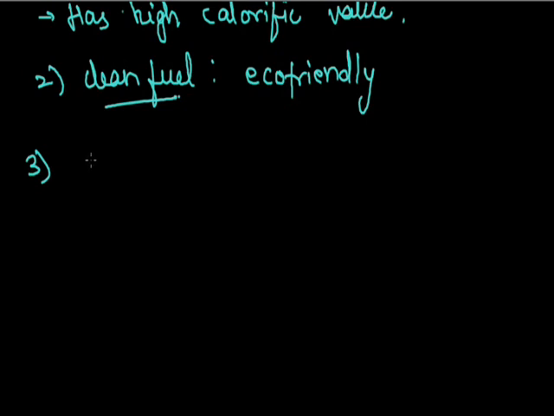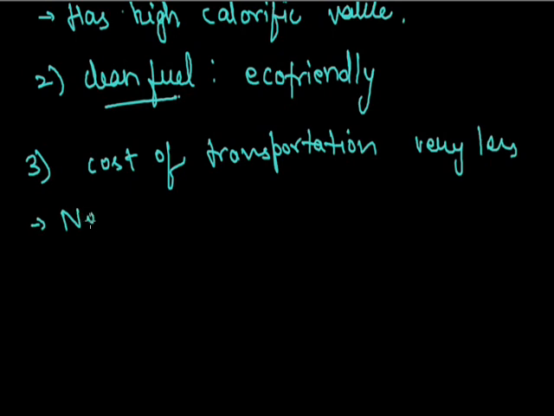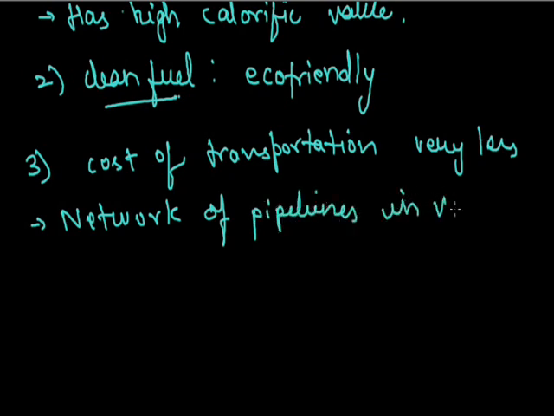There is only an initial investment cost. Afterwards it's very economical and almost free. Thus the cost of transportation, when we use it as fuel, is highly cut down. We mention the network of pipelines in Vadodara.